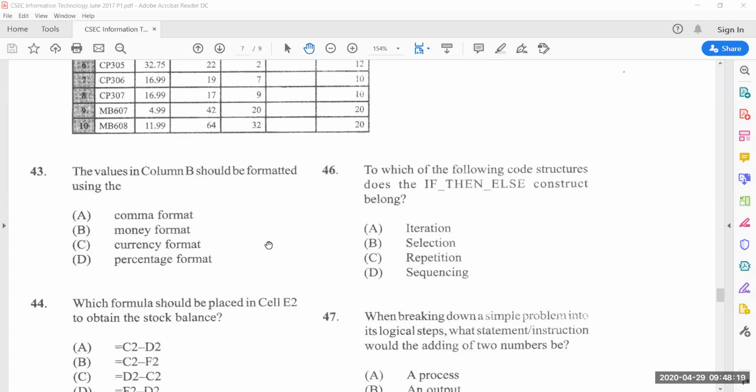So the if then else will actually be selection, right? If a condition is met, you do or perform this process or operation, else perform this operation, right? So selection will be the code structure for that. Repetition would probably be more like a while or for loop. Okay.